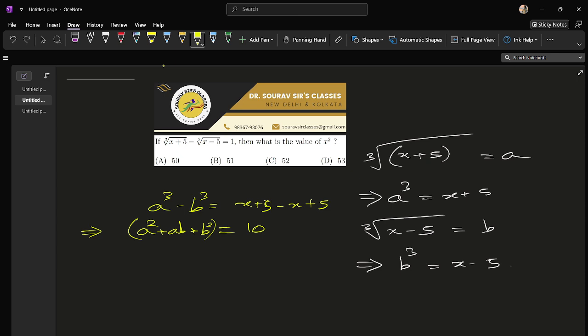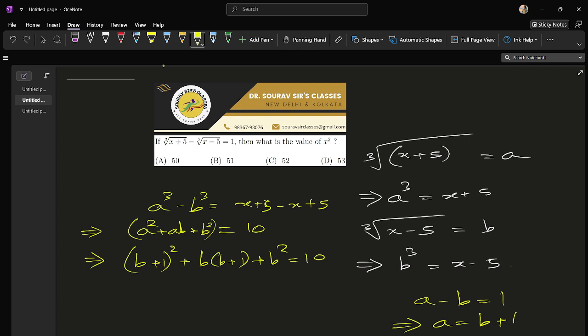Again, we can see from a minus b equals 1 that a can be b plus 1. So let us put it in this given equation. So we will get b plus 1 whole square plus b into b plus 1 plus b square is equal to 10.